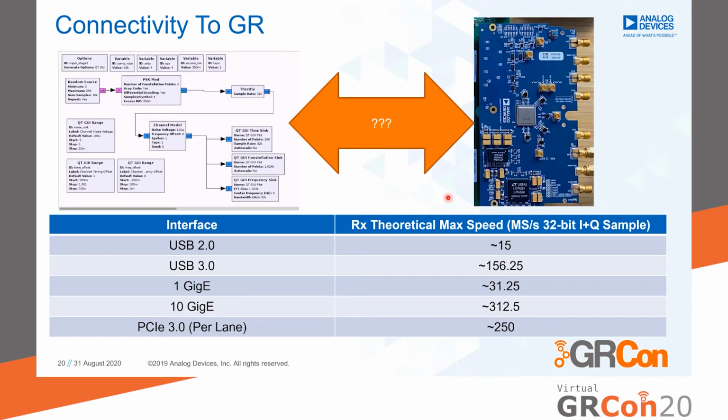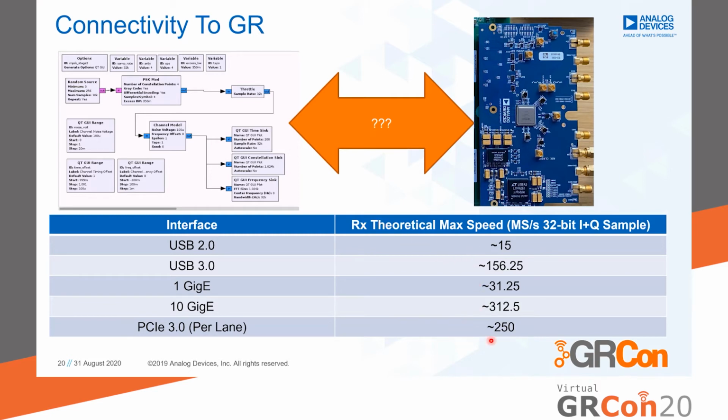Say we're talking about USB or Ethernet or PCIe, how close can we get to a typical throughput using those types of interfaces if we wanted to stream from the ZCU102 or the VCU118 back into GNU Radio? So if we just take the theoretical max of these interfaces, ignoring overhead or any encoding or jumbo frames or those types of things, we don't really get close.